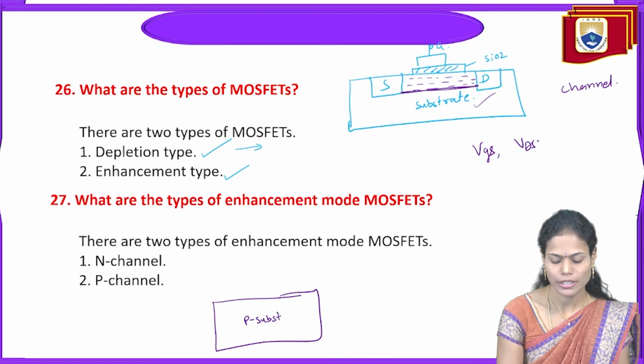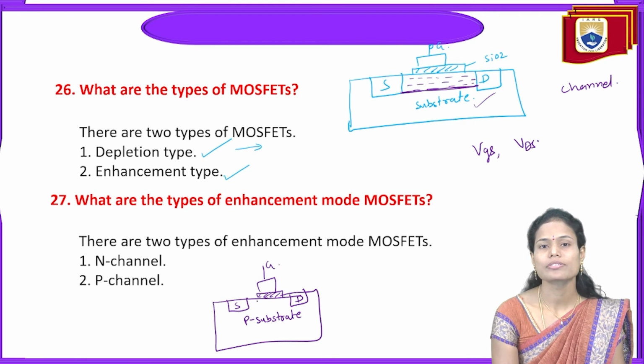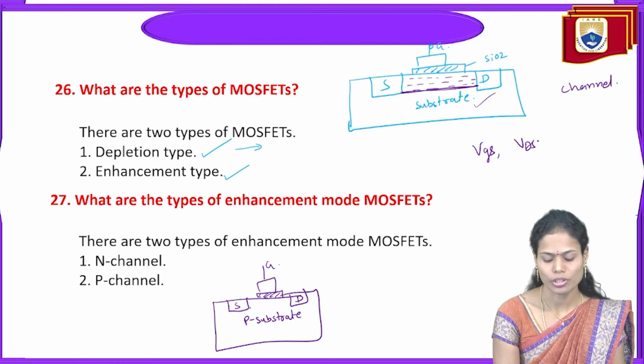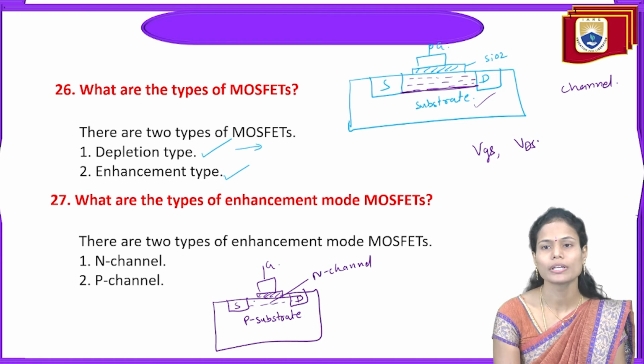That is nothing but P type of semiconductor material. On this, we have to indicate source, drain and silicon dioxide layer and then gate terminal. So the channel existing whenever we are applying the voltages is called the N channel here.